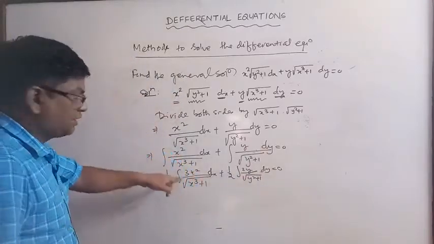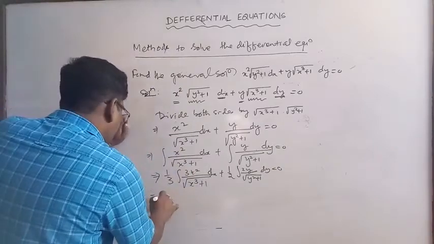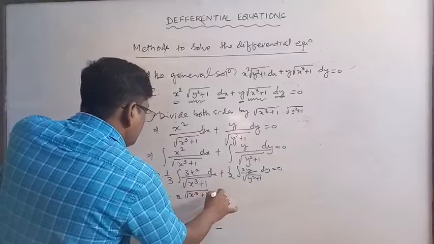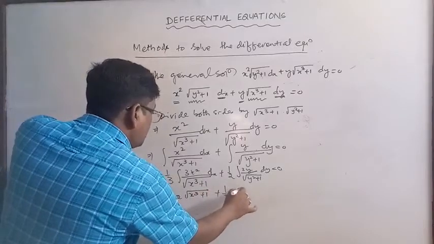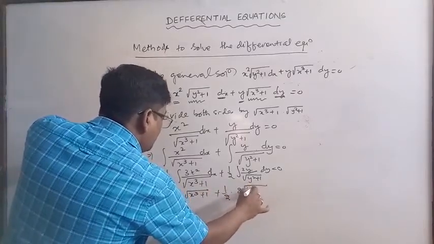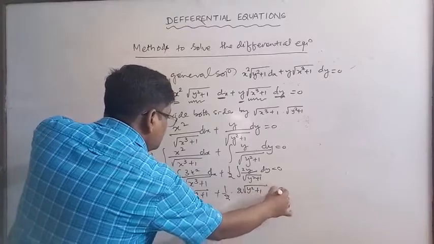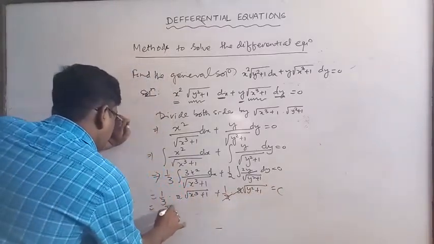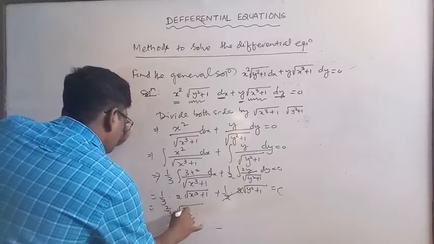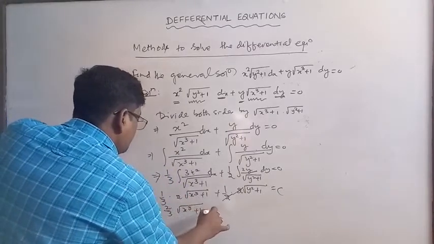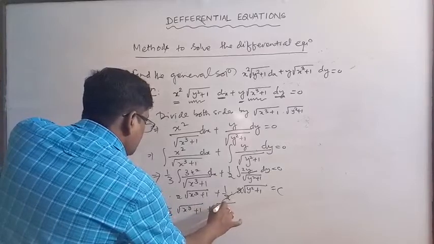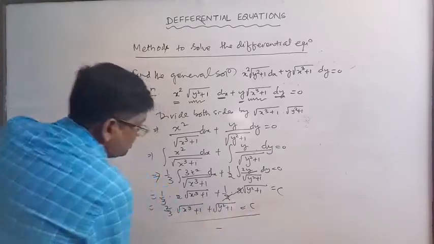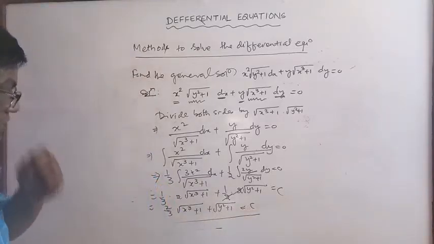So using the formula for f dash x by root of f x, that is 1 by 3 into 2 root over x cube plus 1 plus 1 by 2 into 2 root over y square plus 1 is equal to c. The 2 cancels. So 2 by 3 root over x cube plus 1 plus square root of y square plus 1 is equal to c. This is the answer.